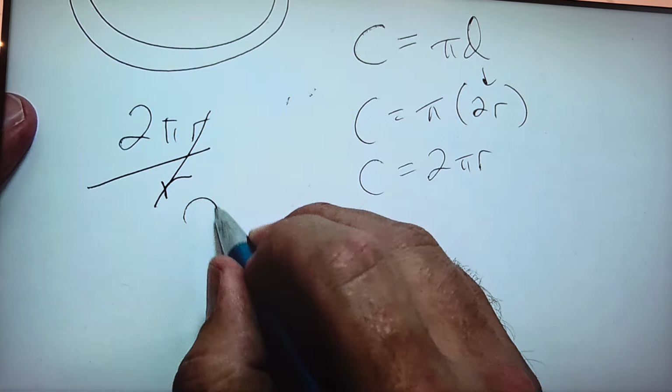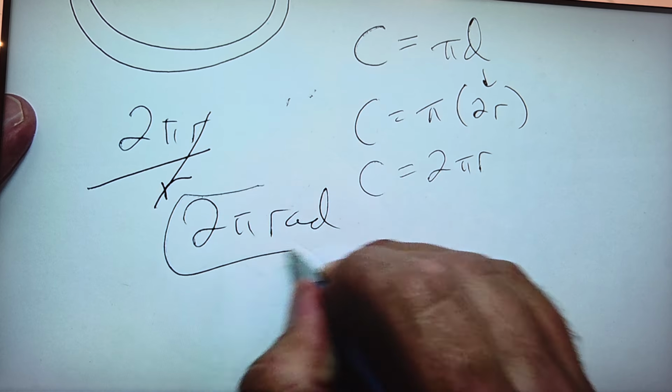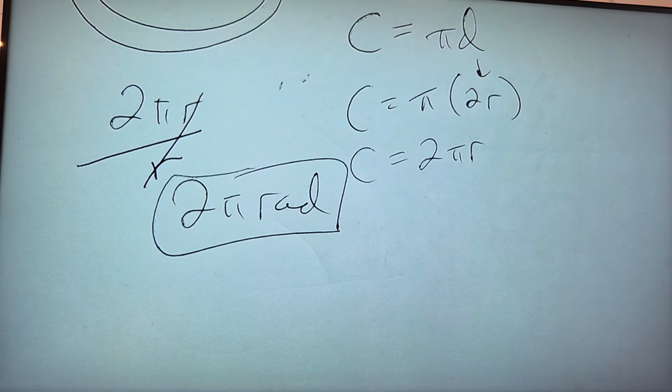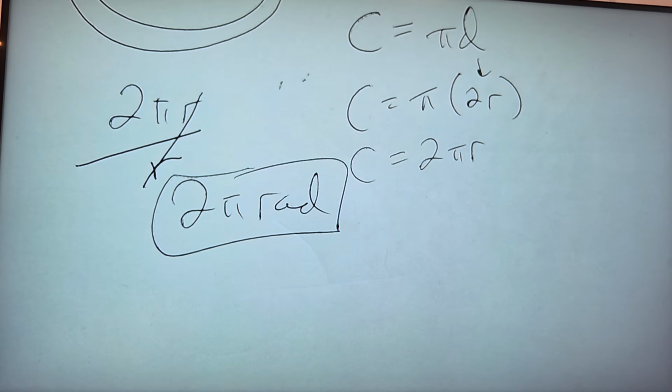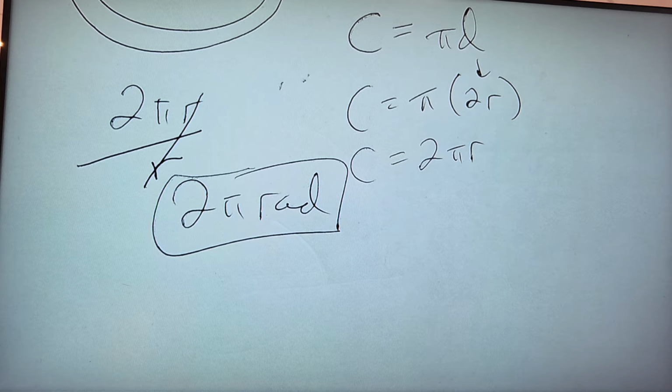So how many radians are in a circle? 2 pi radians. Radians are the number of radii as I move around the outside. How many radii fit into how far I've gone? If I do 2 pi radians, I don't care how big or small the circle is, I'm going to end up back at the beginning. That's kind of neat.